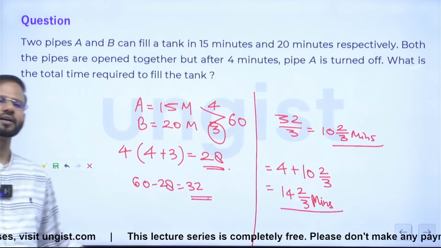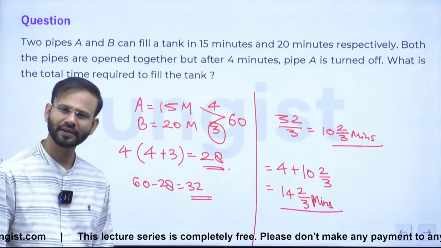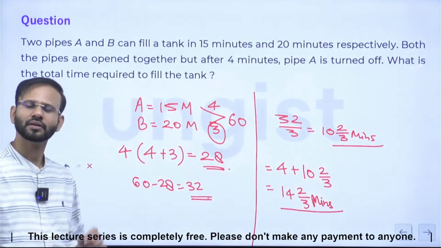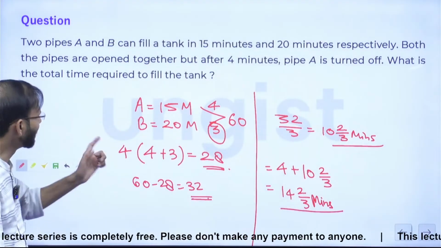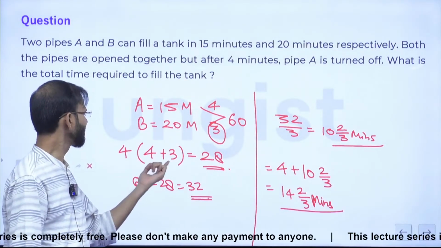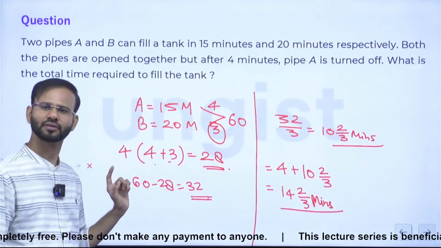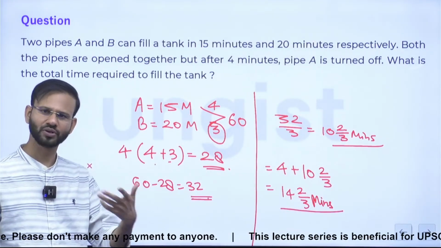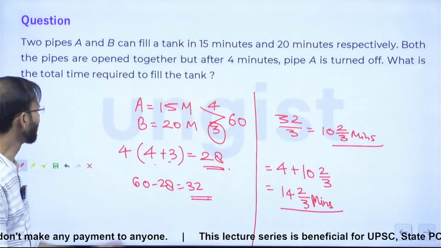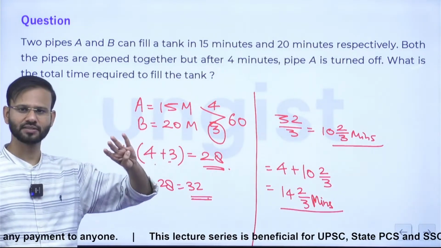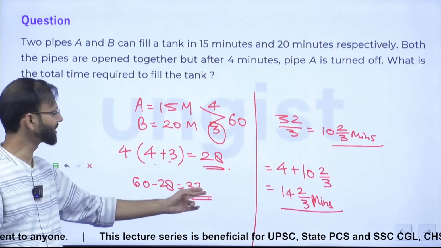Friends, it is clear now. Any doubt, anyone? Any confusion? See, this is 4 plus 3 is 7. 7 into 4 is 28. So 28 units will be filled in first 4 minutes. After that, 32 units are still left.